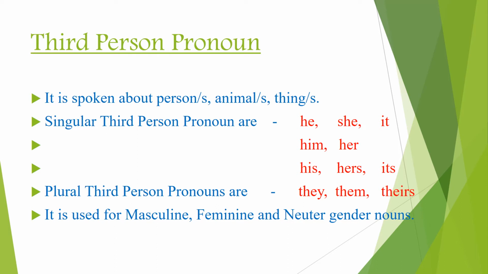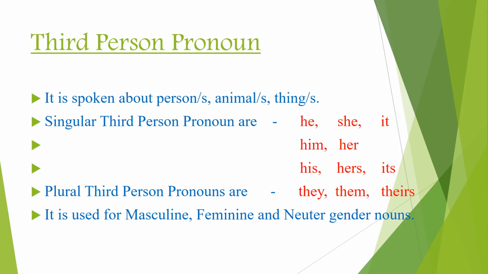So if you want to talk about the third person, you can use these red highlighted words on your screen in your sentences. So you can use the singular third person pronouns he, she, it, him, her, his, hers, and its.